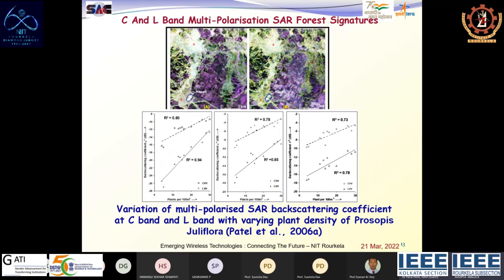And of course L band, as I said, interacts with the entire structure of your canopy. This is for Prosopis juliflora near Velavadar, Bhavnagar district. You can see the plant density per 100 meters, and with the backscatter signal you are getting, you are able to measure the plant density very accurately.